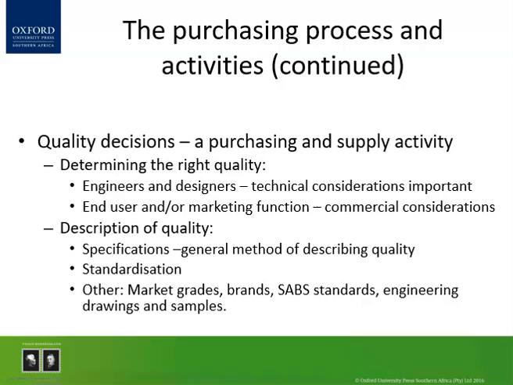There is also standardization, which can also be used to describe quality. Then there are market grades and brands that can be considered to be of quality. Then we also take note of the South African Bureau of Standards, and also engineering drawings and samples.